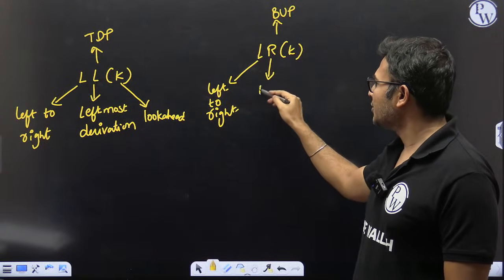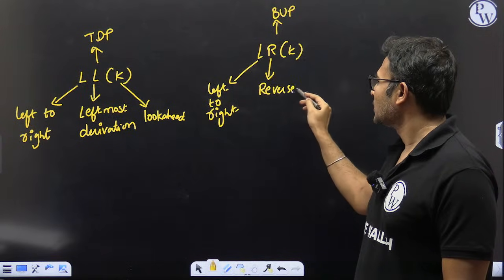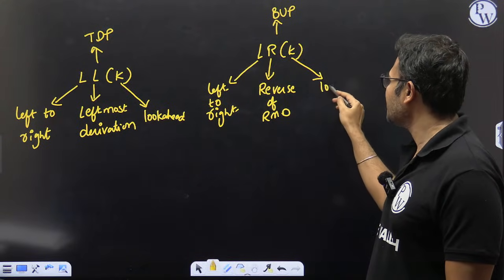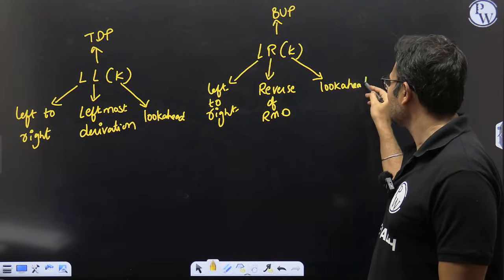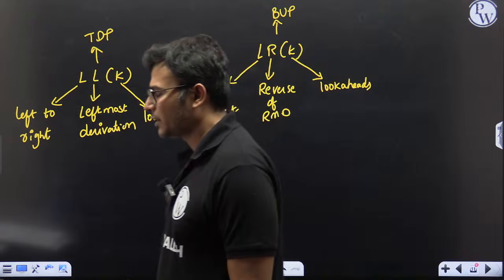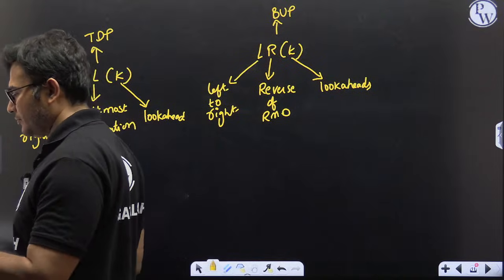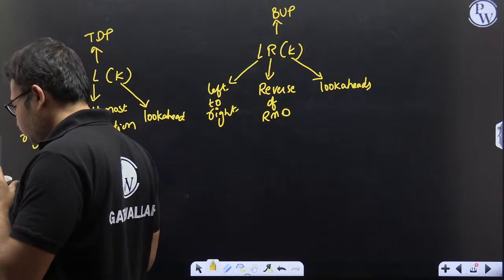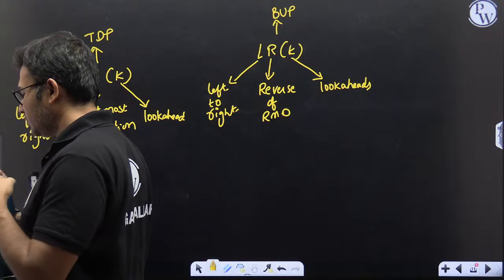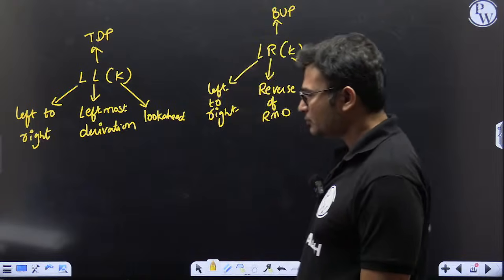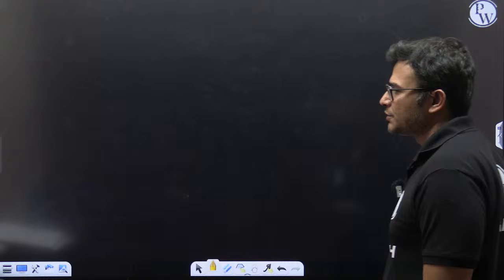And R means reverse of RMD, rightmost derivation. And k means look-aheads.